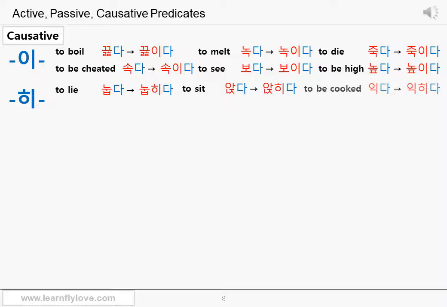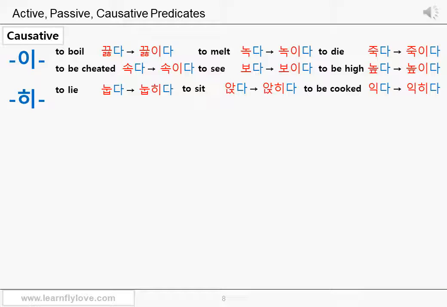Okay? To be cooked. When you want to say something is cooked or something is ripe, you use the active verb 익다. But when you want to say you cook something, you use the causative form 익히다.